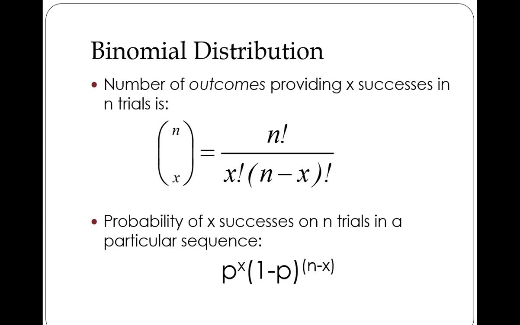And then the probability of x successes in n trials is the probability of success raised to the x, times the probability of failure raised to the n minus x power.